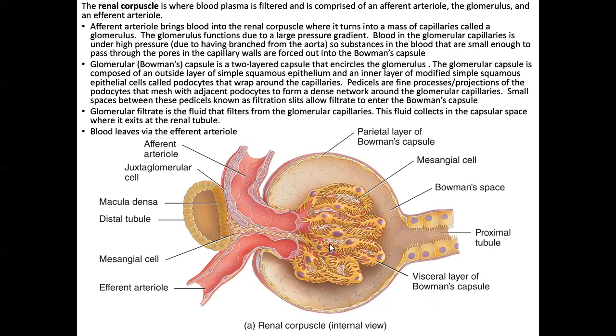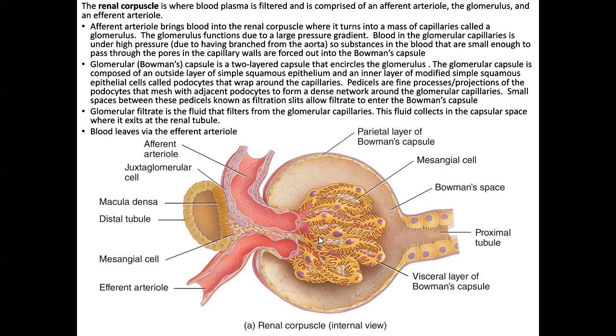These cells are called podocytes, and their job is to keep the big stuff in the blood. They keep the red blood cells, the white blood cells, your platelets, and your plasma proteins like fibrinogen and albumin from escaping the blood. We don't want those things leaving the blood. We want them to stay inside.